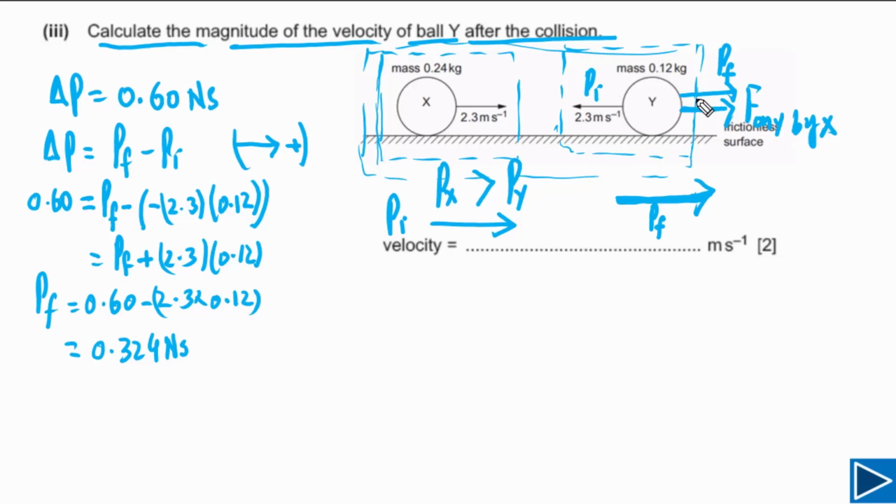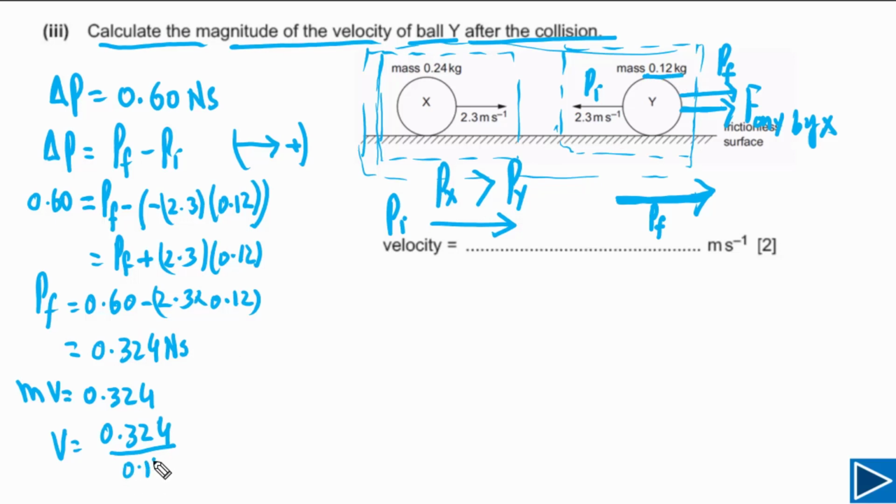But now we need to calculate the final velocity of ball Y, the velocity after collision. The final momentum is equal to mv, and this is 0.324. We need to find v, so we just divide by the mass of Y, which is 0.12.